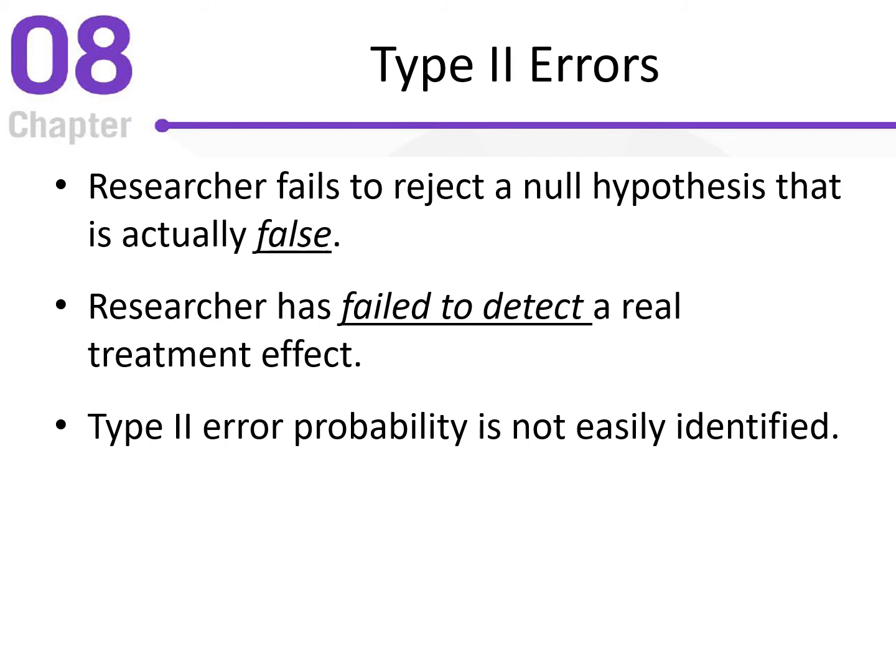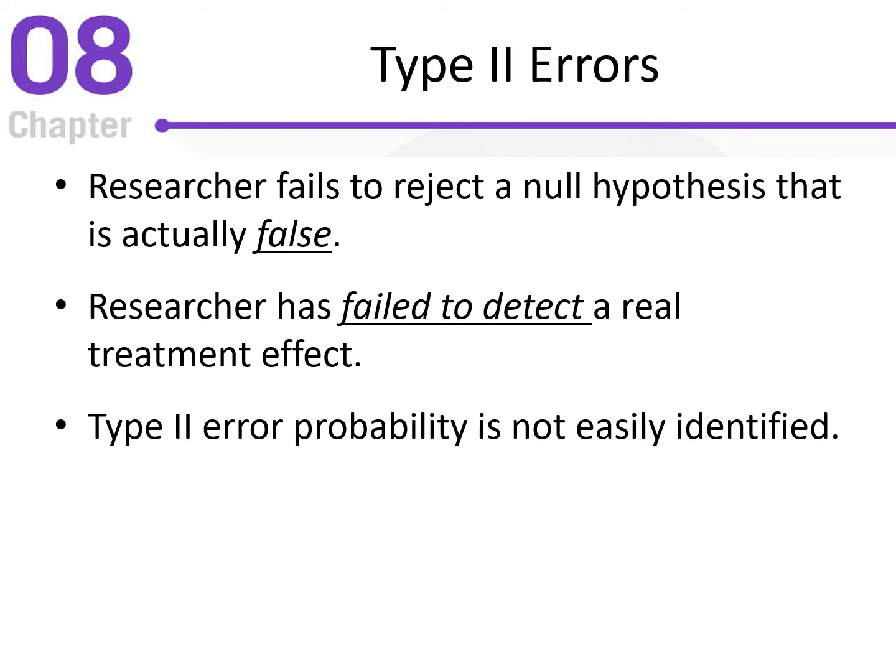And that's the frustrating thing. It's all based on probability. And there's always going to be a small chance of having a type 1 error. And there's probably a little bit larger chance of having a type 2 error because of the sample size issue. Now, if you have a large sample, type 2 errors will be less likely. But with a small sample, there's a good chance you could have a type 2 error.